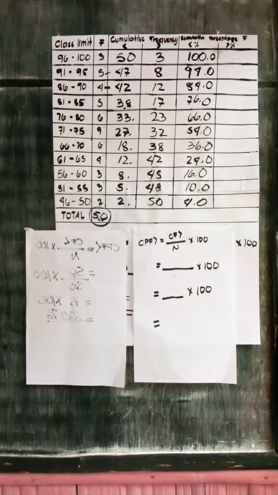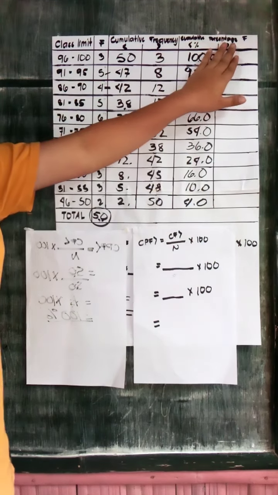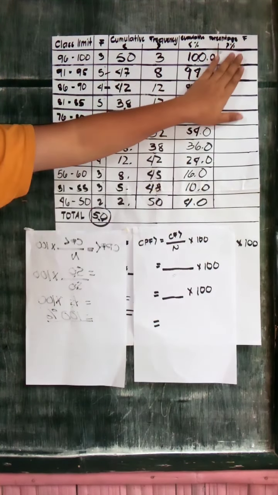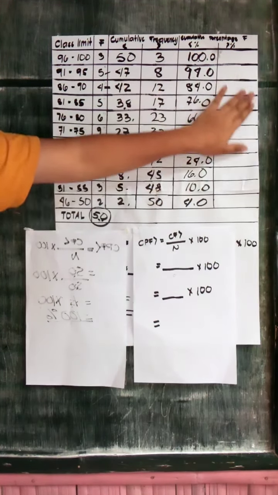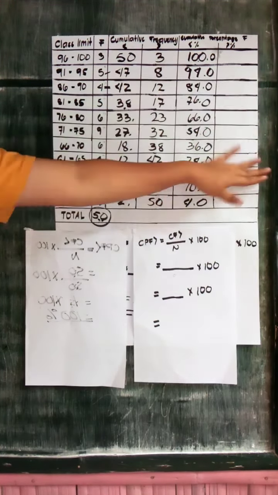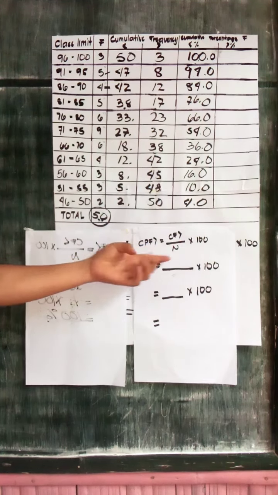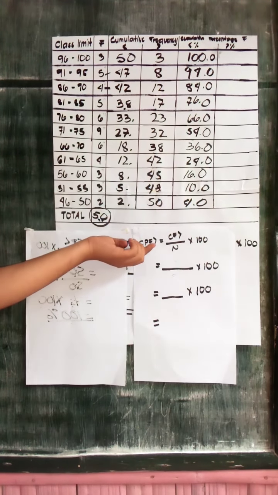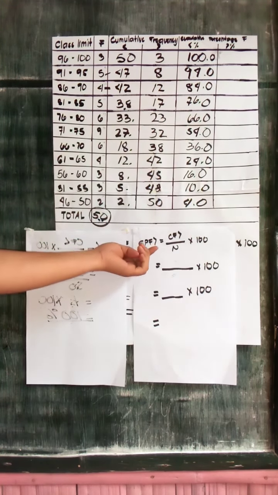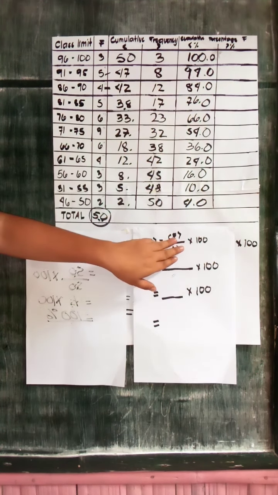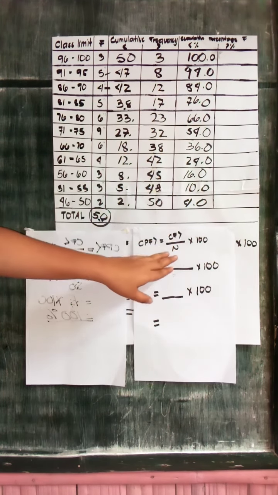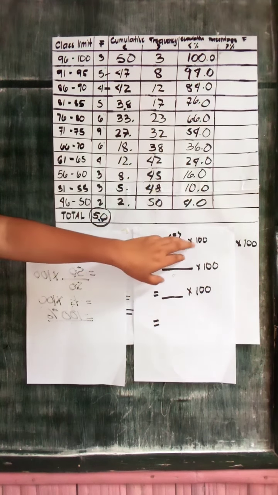This is the formula: cumulative percentage frequency greater than equals the cumulative frequency greater than over the number of cases times 100.